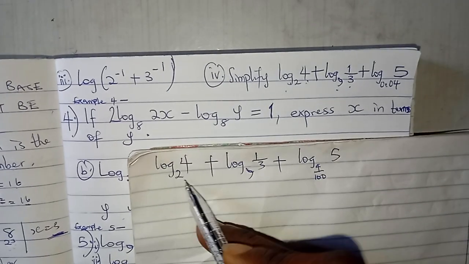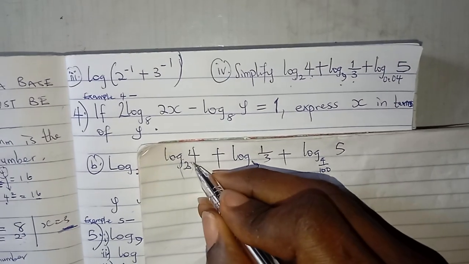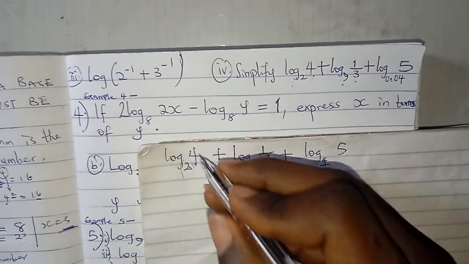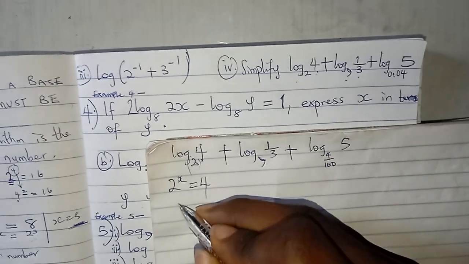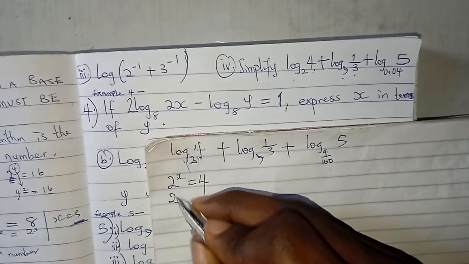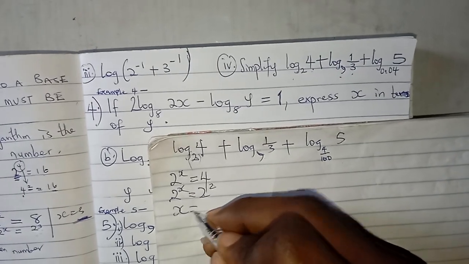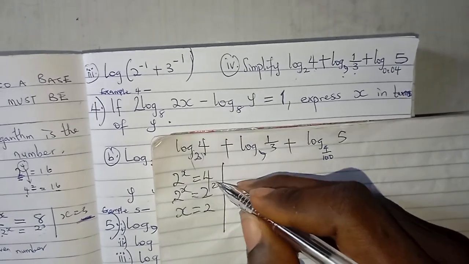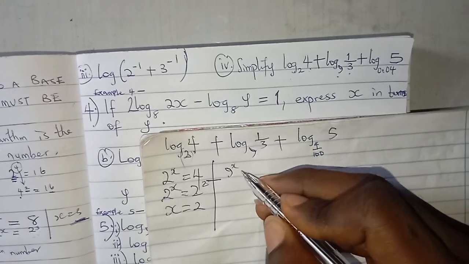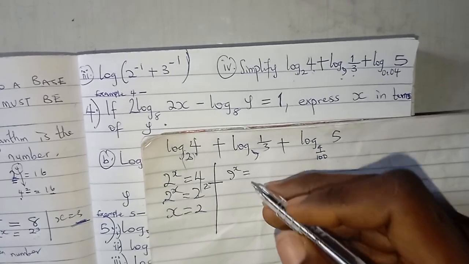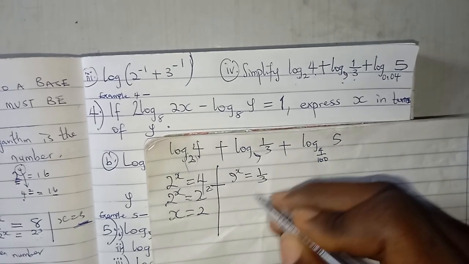4/100. So since the bases are not the same, and remember what logarithm is, what do I add as the power of the base to get this? So I'll simply say 2 raised to power x equals 4, and this is the same thing as saying 2 raised to power x equals 2 raised to power 2. Since the bases are the same, the powers are the same, x equals 2. Plus, what do I add to this base? 9 raised to power x equals 1/3.